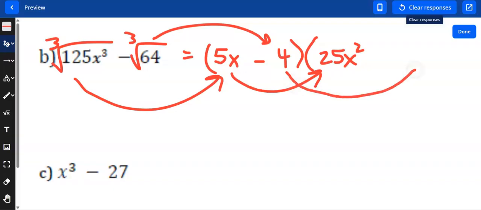Square it. Multiply it together and then take the opposite sign. I can't even multiply, can I? Multiply them together, you get 20x. Why did I double it? I don't know.